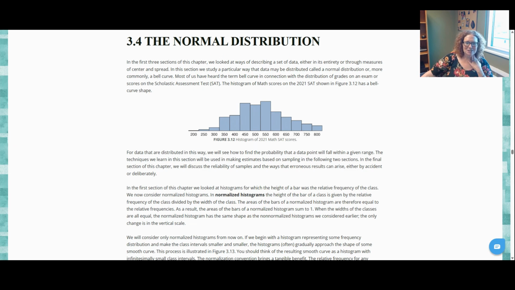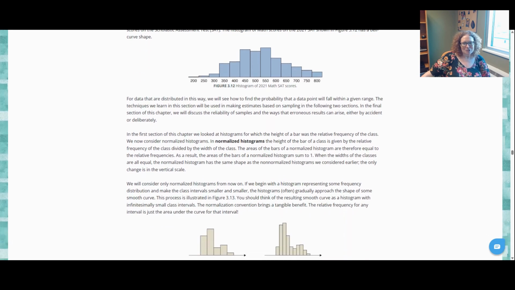As you see from this graph right here, the histogram of the 2021 math SAT scores, you can see that they all kind of surround that middle point. So that's what we're looking for. We're looking for how the data points are distributed. We want them to look like this. They don't always look like this, but we are going to look at those.